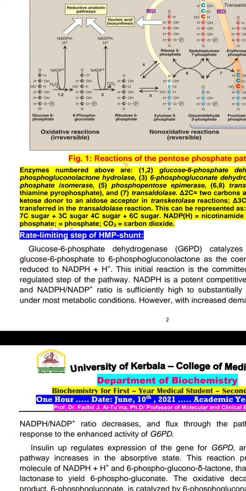And then G6PD catalyzes the rate limiting step, that means the first reaction or the slowest or the rate controlling step of the HMP shunt. Okay?